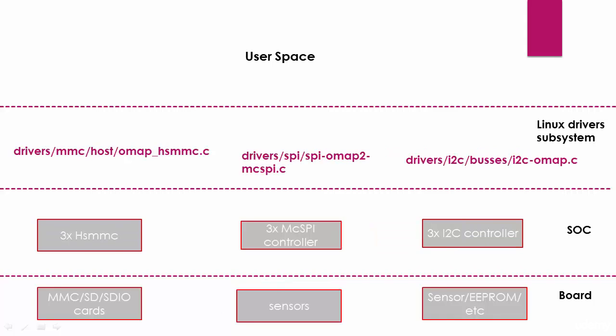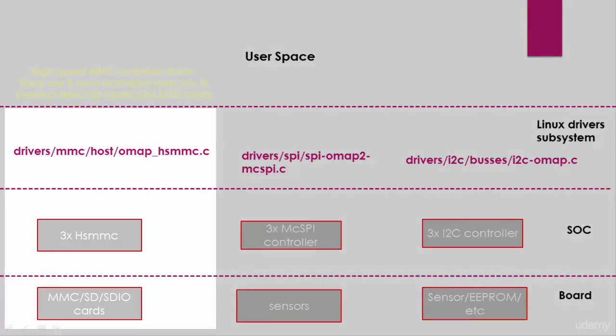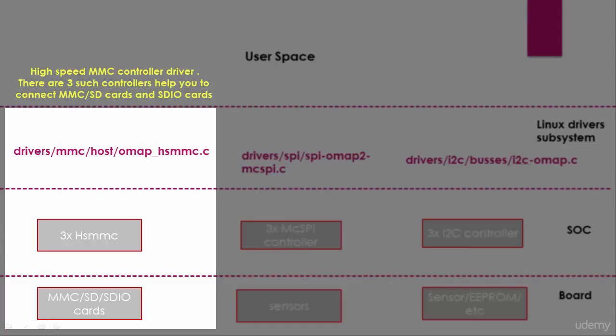The drivers for the high-speed MMC controller, I2C controller and SPI controller you can find at these respective paths in the Linux kernel source. Basically AM335X has 3 instances of MMC SDIO host controller, which provides an interface between the processor and either MMC, SD memory cards or SDIO cards.